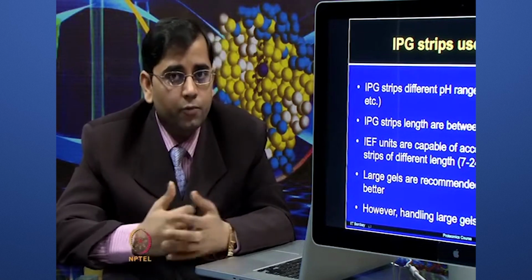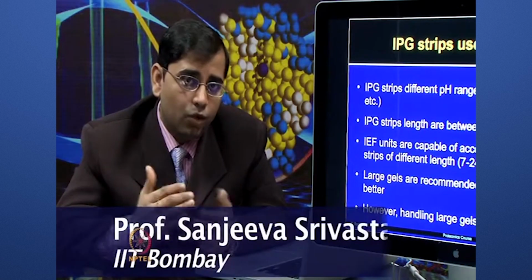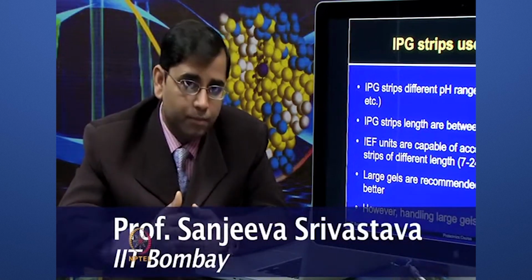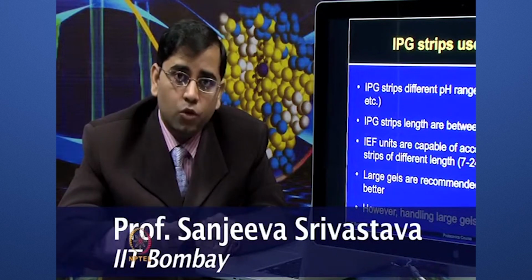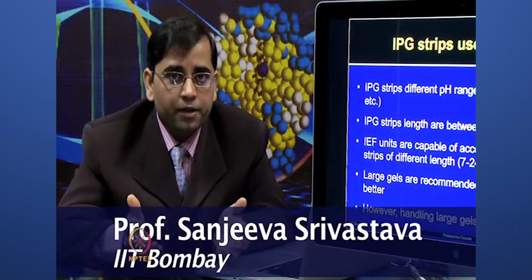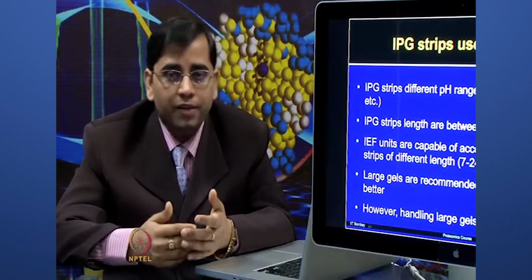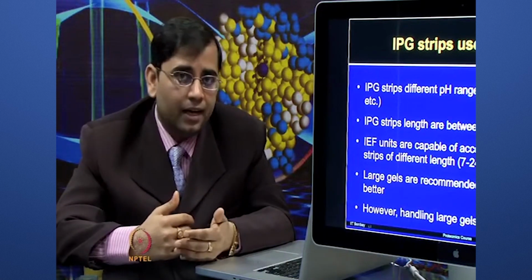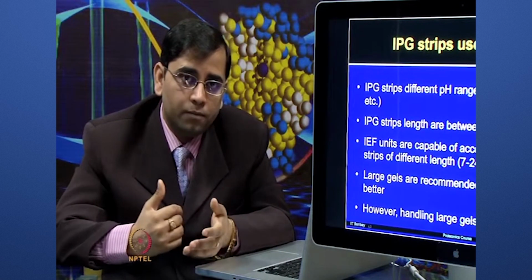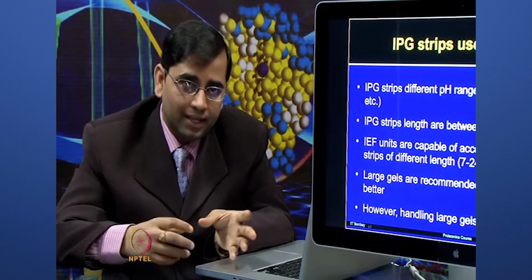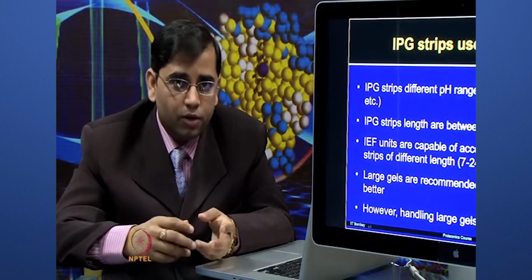But if you do not have enough protein to separate, then you have to restrict yourself to smaller strips. Or one can still go with a large strip but apply a more sensitive stain. When we talk about different staining methods, we will discuss that even if you have low protein, you can separate on large gels, but then apply a more sensitive stain such as silver or Sypro Ruby.